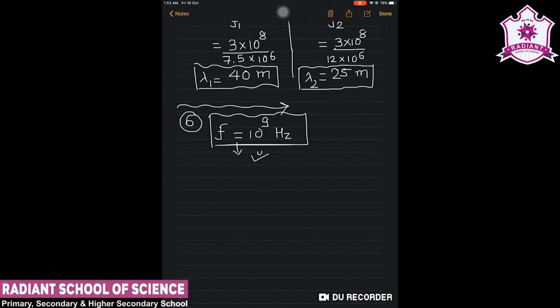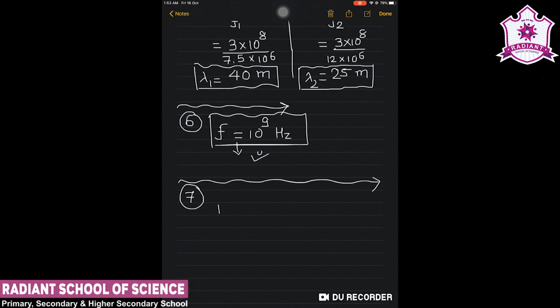Now what is given in example number 7? It is also like the illustration that we have seen earlier. It is given that the amplitude of the magnetic field part of a harmonic electromagnetic wave in vacuum is B0 equal to 510 nano Tesla.